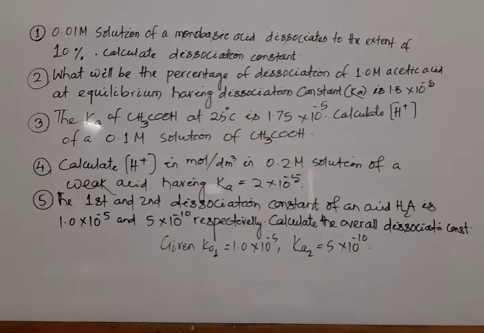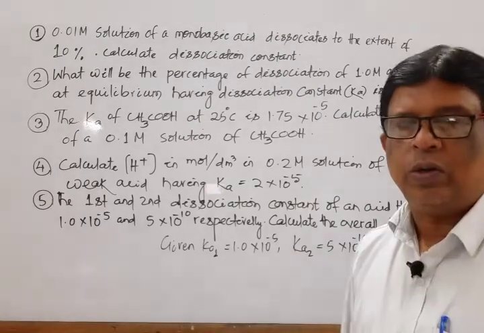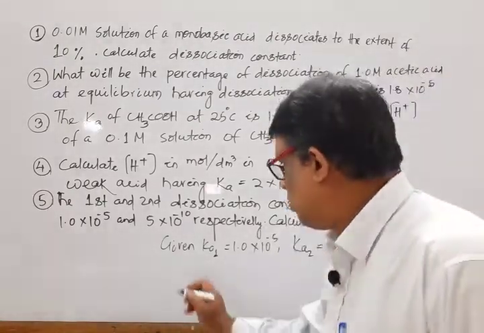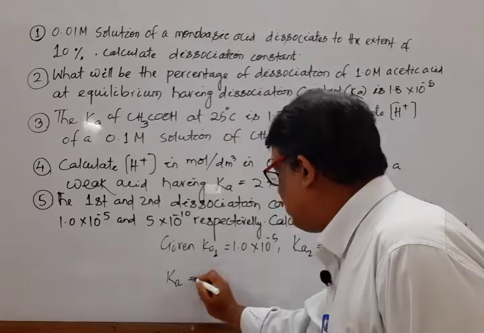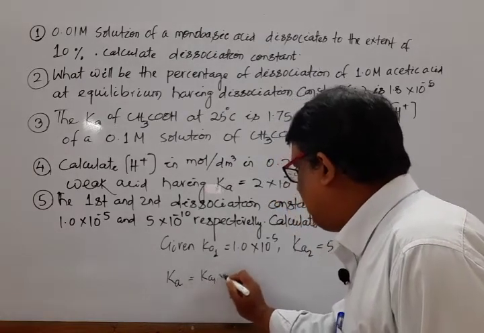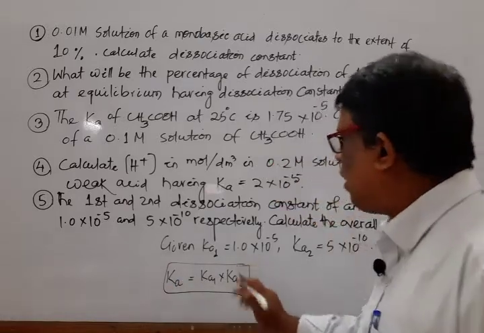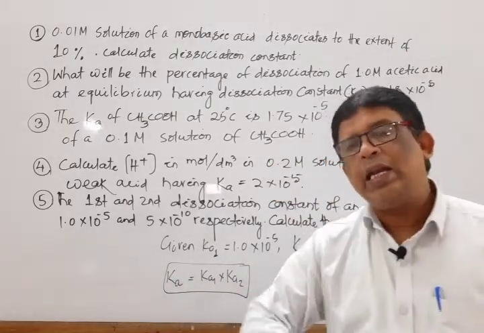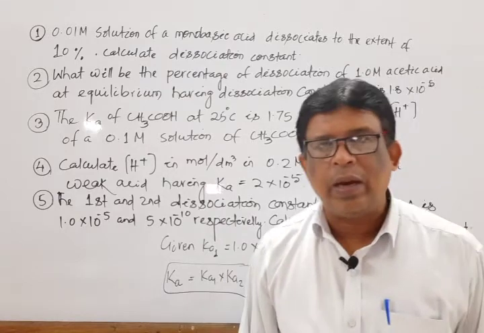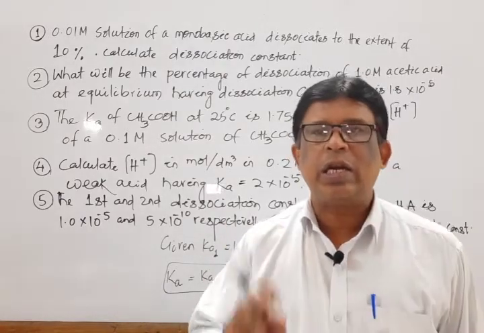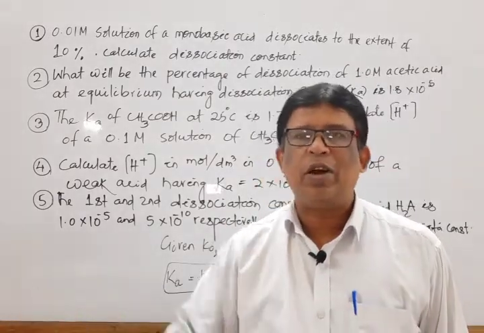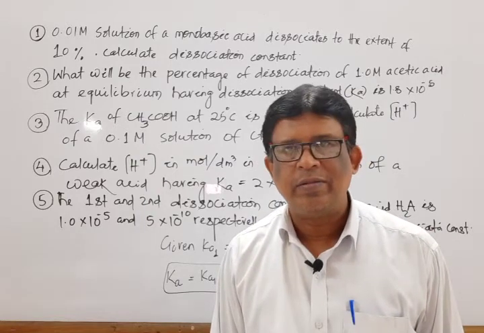Calculate the overall dissociation constant. We know that overall dissociation constant Ka is equal to Ka1 into Ka2. If n dissociation constants are given for a weak acid, then the overall dissociation constant is the multiplication of all of them.